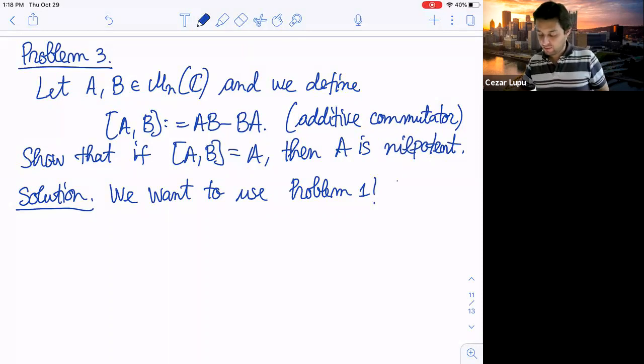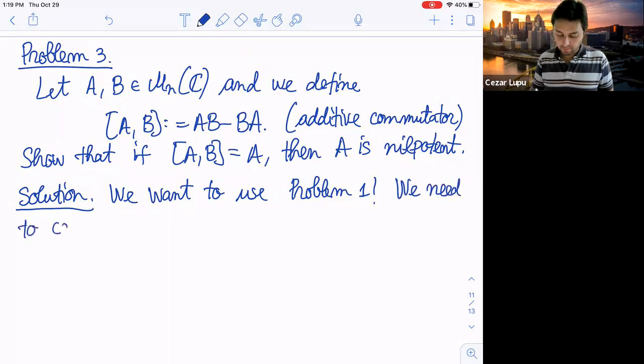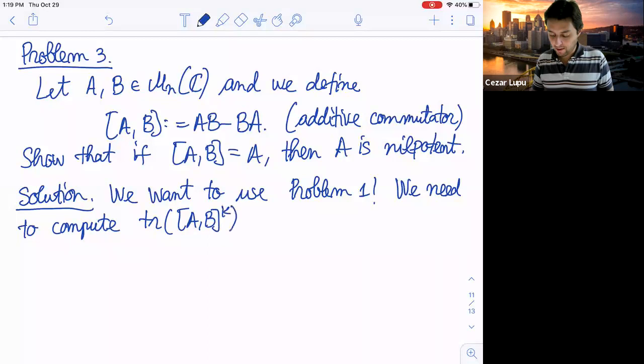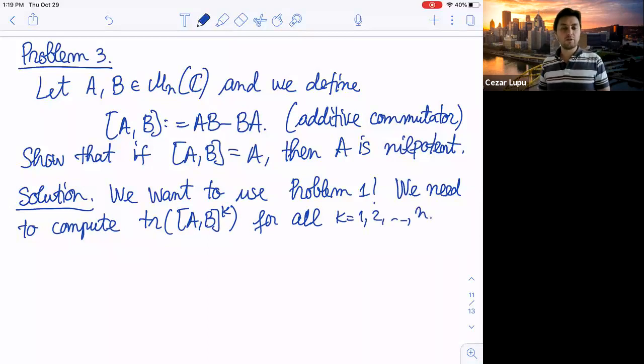So we need to compute the traces of all these brackets to the power k for all k from 1, 2, up to n. If all these traces are 0, then yes, by problem 1, I can conclude that A is nilpotent. So let's see.